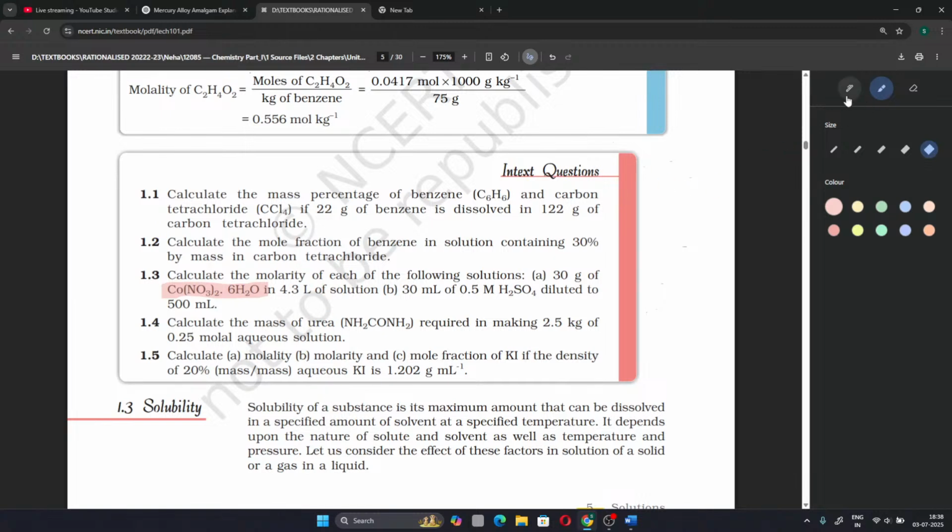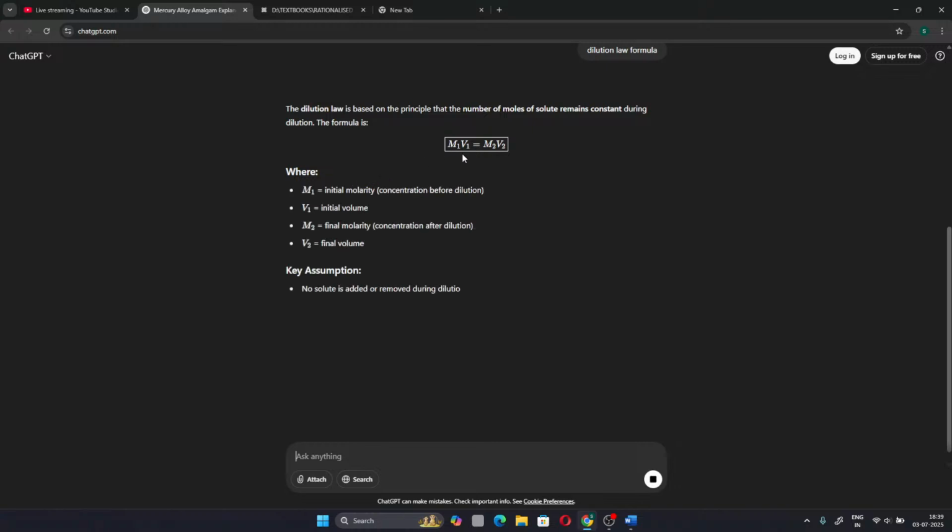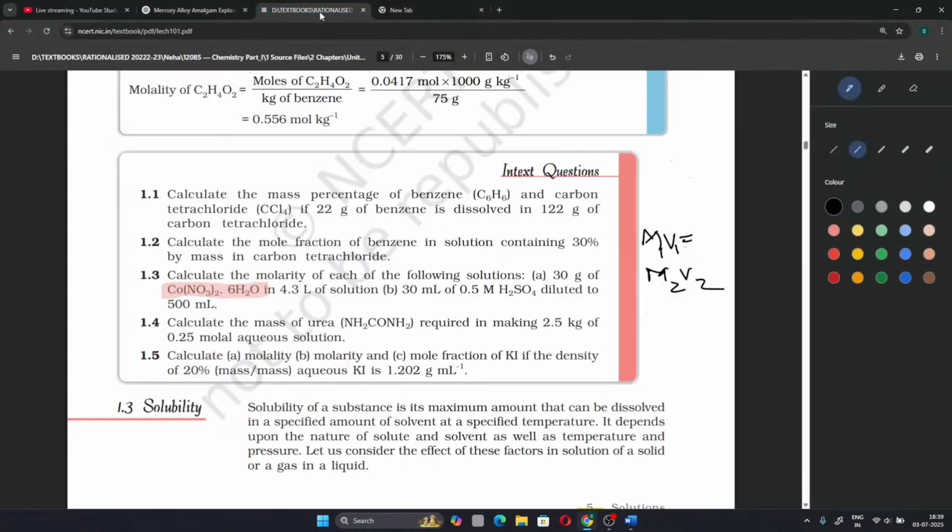This is the dilution law, M1 V1 equals M2 V2, where M1 is the molarity of the first solution, given as 0.5, and 30 ml is the volume.